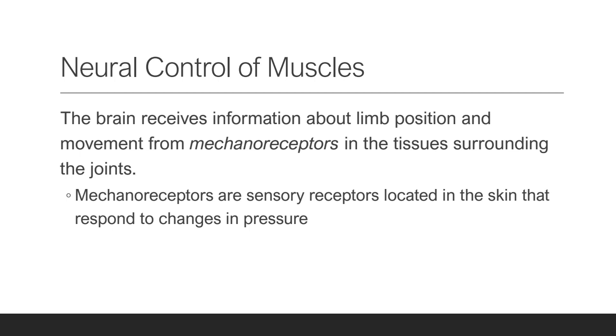Mechanoreceptors located in the tissue surrounding the joints will respond to movement of the joint. We've also got receptors in the skin that supply information about movement and position of the limbs and joints.